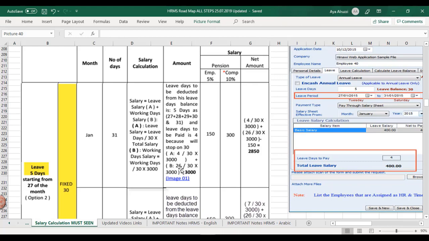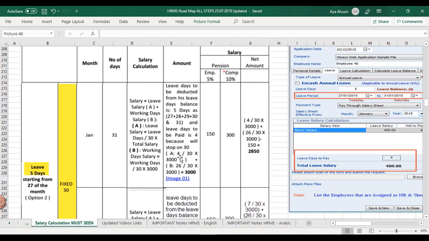Because it's the working days, the actual working days minus the 5 days of leave. The leave started from the 27th and there were 5 days. So that's why here it's 26. And then divided by 30, multiplied by 3,000, it gives us 3,000.